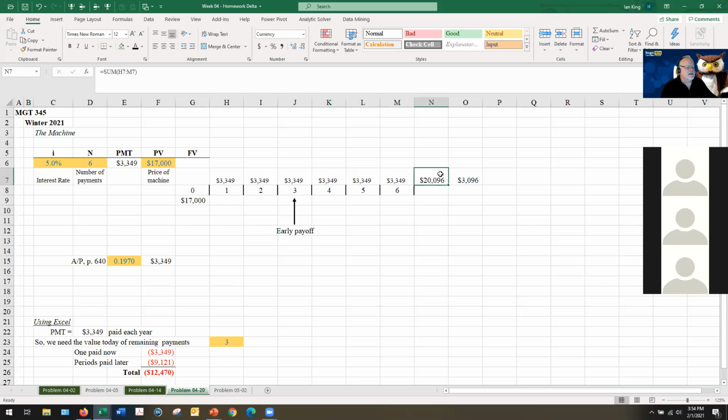You're paying the equivalent after the first 2 years of that amount. So dollar-wise, it's not going to add up to the full amount of principal and interest. What's the equivalent of this year's payment plus the future payments? What's the present value equivalent of these 3 future payments at this time period?